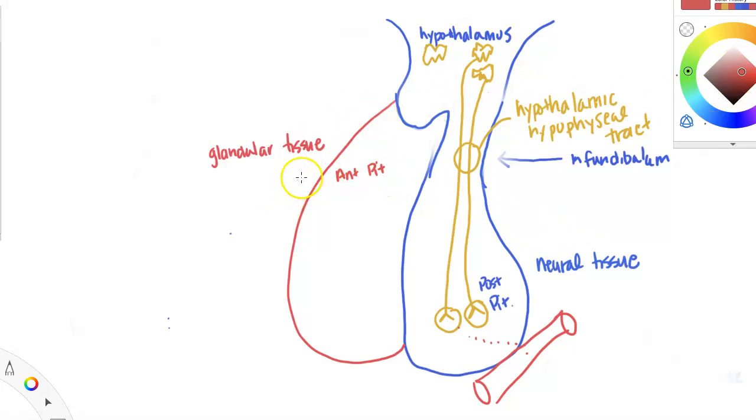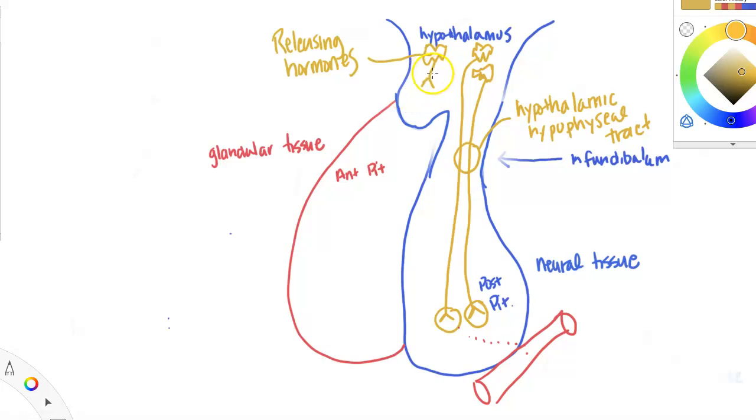All right. Anterior pituitary is different in that the connection is not through the axons. However, the axons do make the releasing hormones that are communicated to the anterior pituitary for anterior pituitary to secrete its hormones. So this thing is going to contain releasing hormones.